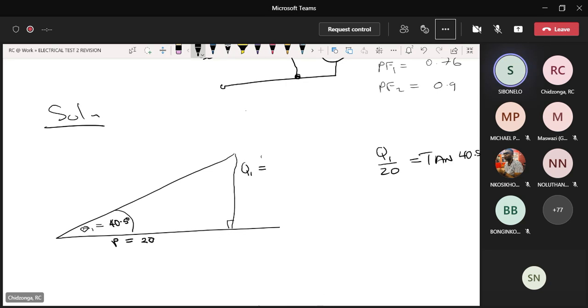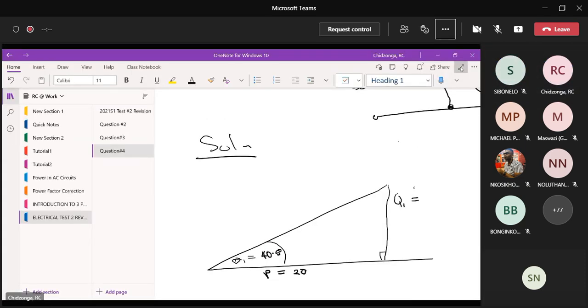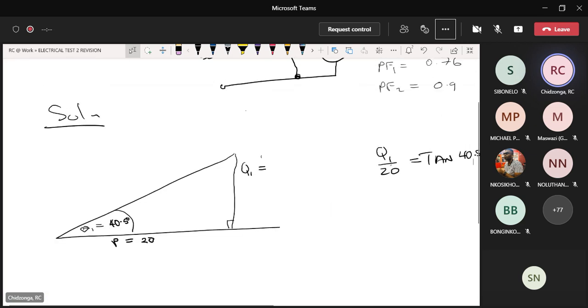Then you can calculate Q1 from there: 20 times tan 40.5. What is the number? 17 kVAR. Okay, it's 17 kilovolt ampere reactive.